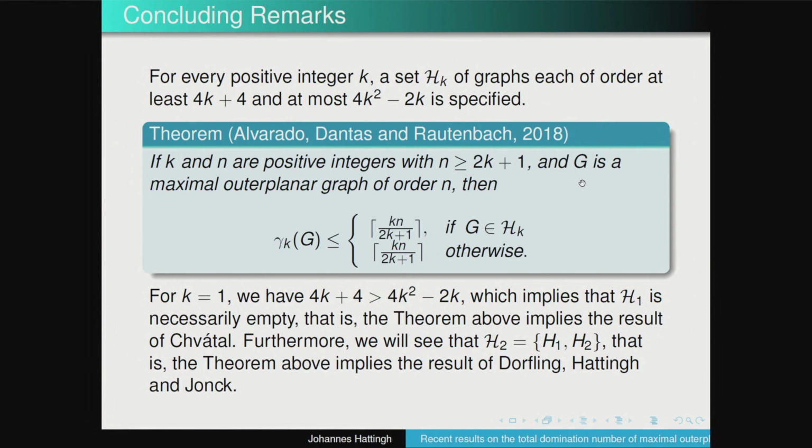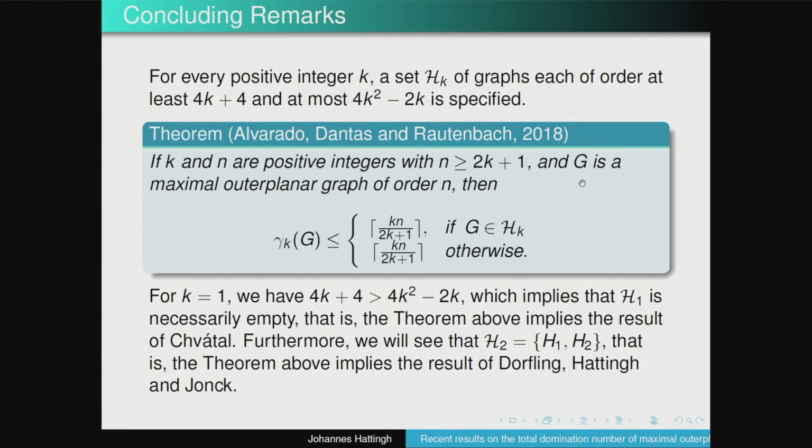And for k equal to 2, you actually see that this H_2 gives you those two restricted graphs that we talked about earlier, which is the triangulation that corresponds to our offending art gallery.